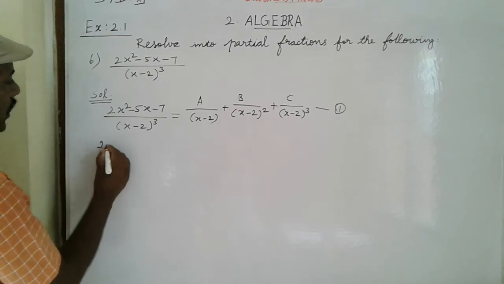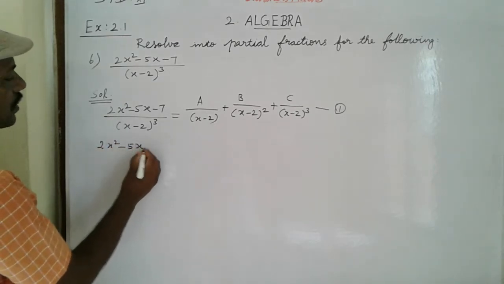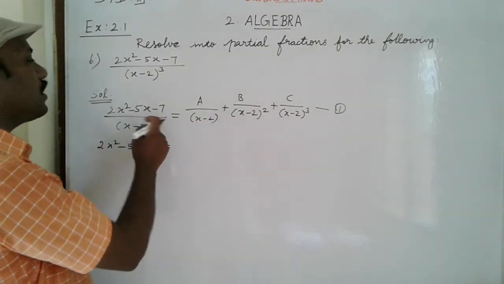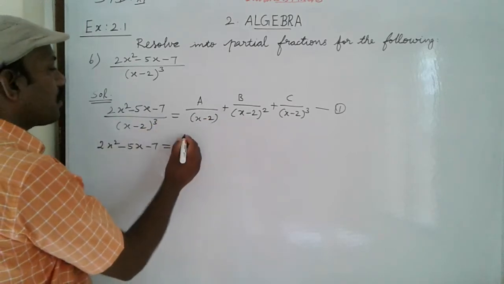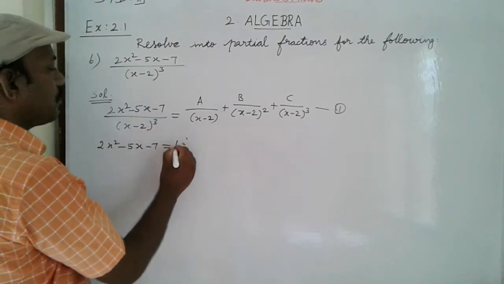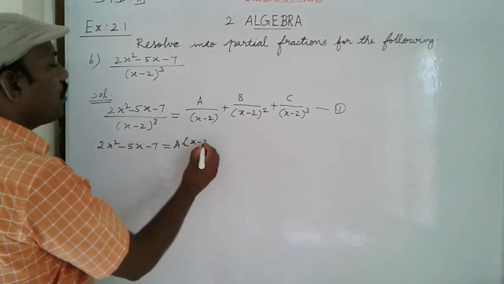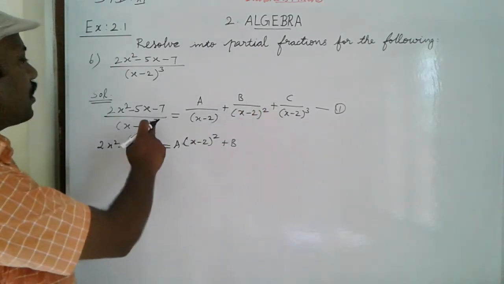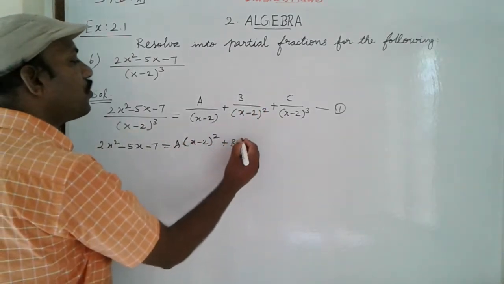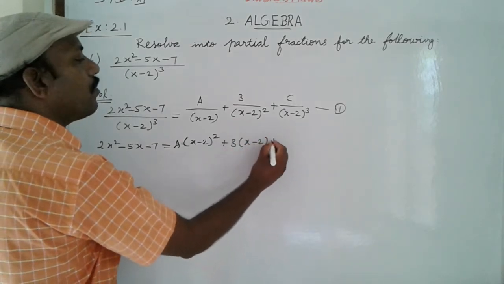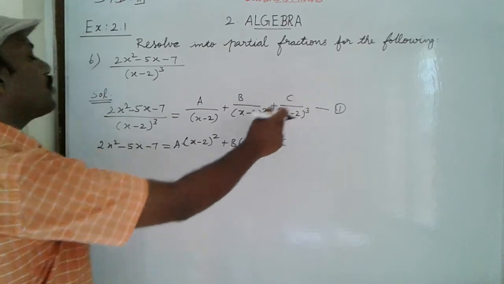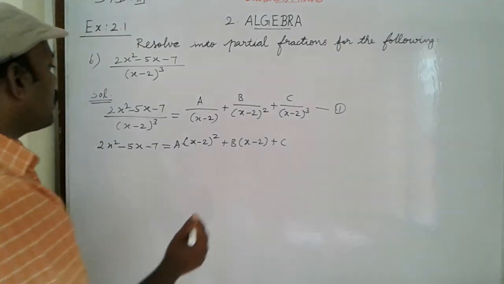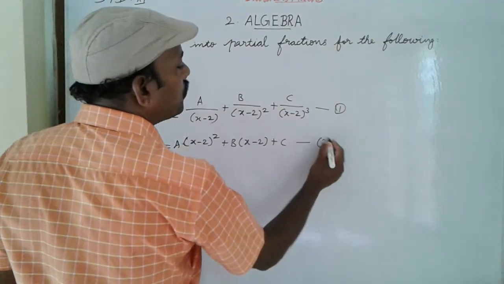So we get 2x² − 5x − 7 equal to A(x − 2)², because (x − 2) one time cancels, plus B(x − 2), because the cube is cancelled and one time remains, plus C(x − 2)³. (x − 2)³ is cancelled, so one time C into 1 is C. So this is equation number 2.